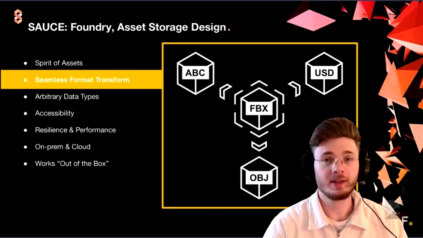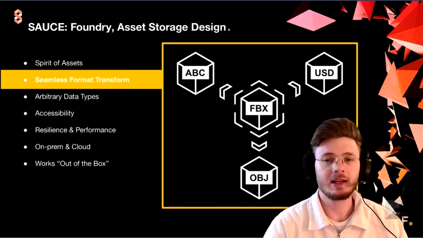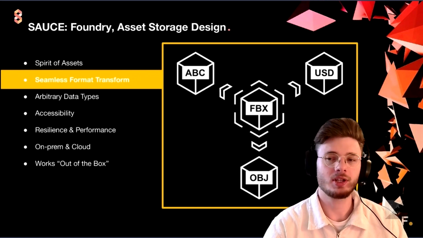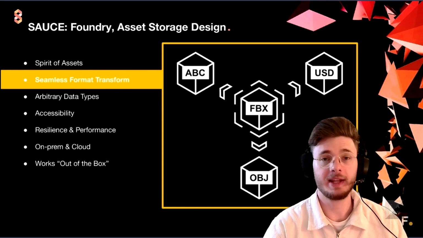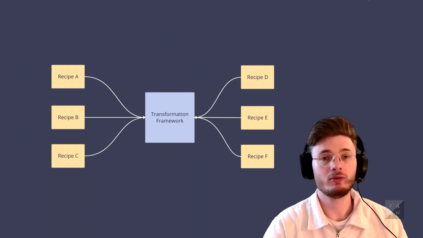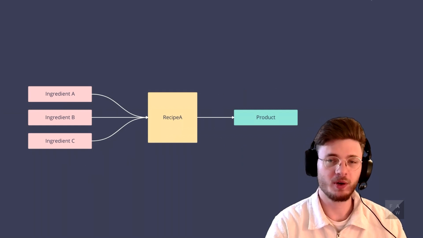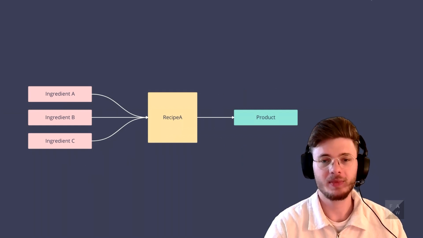Encoding and transforming data happens all the time in a pipeline and is therefore a very integral part. I really like the idea of having a dedicated engine whose purpose is to manage that process. The plan is to build a Python framework with which users can define recipes. A recipe defines how to cook a product out of certain ingredients.